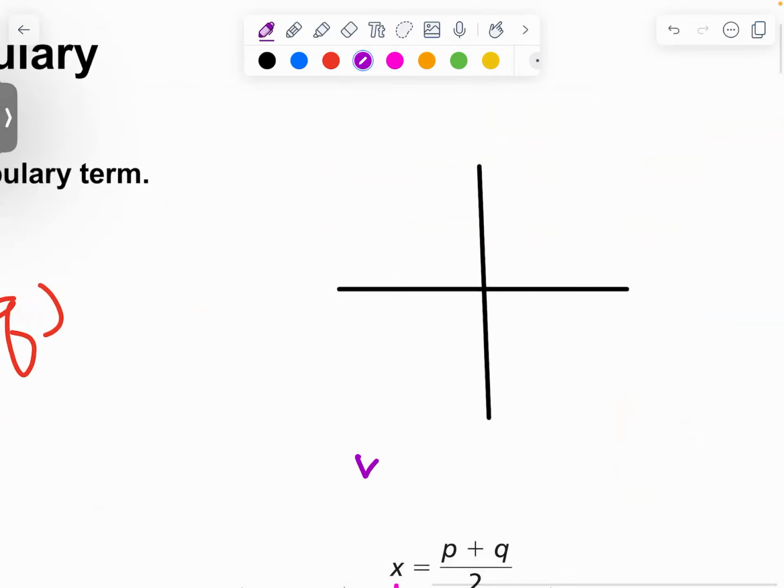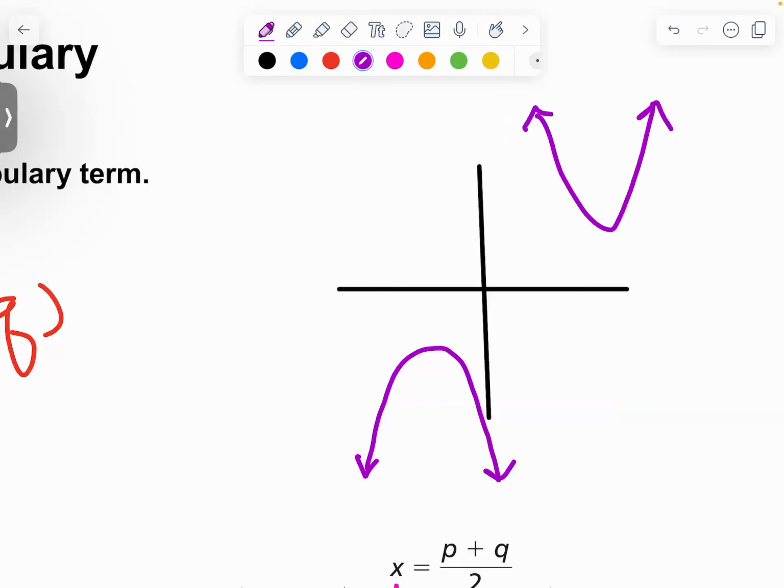A vertex below the x-axis but opening downward, that's not going to have any x-intercepts. Neither would this one right here. So you're right. We could have a situation where we don't have any x-intercepts.